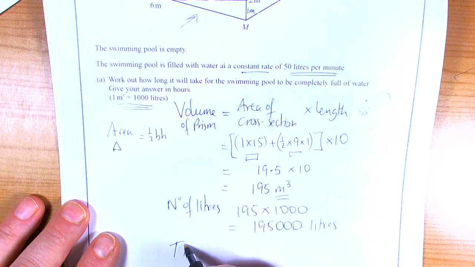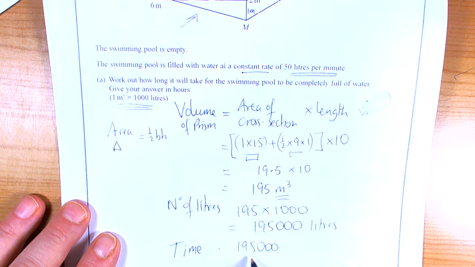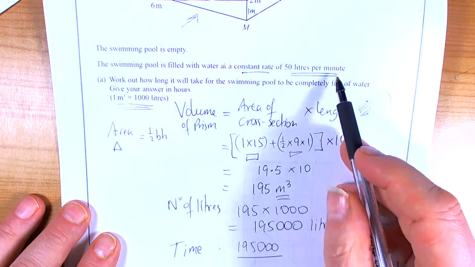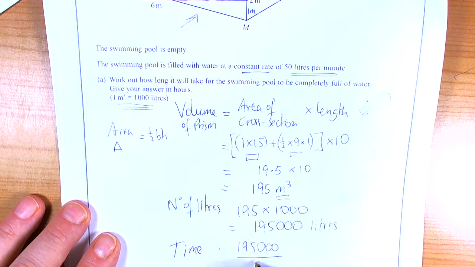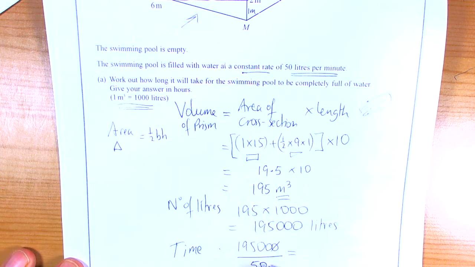So the time, which is what the question wanted, is going to be 195,000 divided by 50 litres a minute. So 195 divided by 5 is 39, plus that 390 with the extra 0, 3,900.